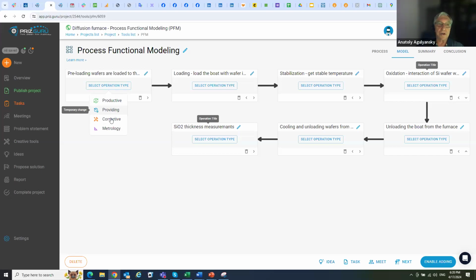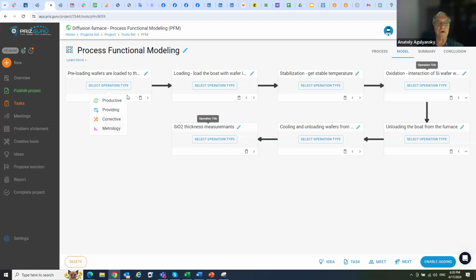Corrective operations are typically removal of defects, because our productive or providing operations are not ideal. It's like removing burrs after drilling. Or metrology, just parameter management, measurement.